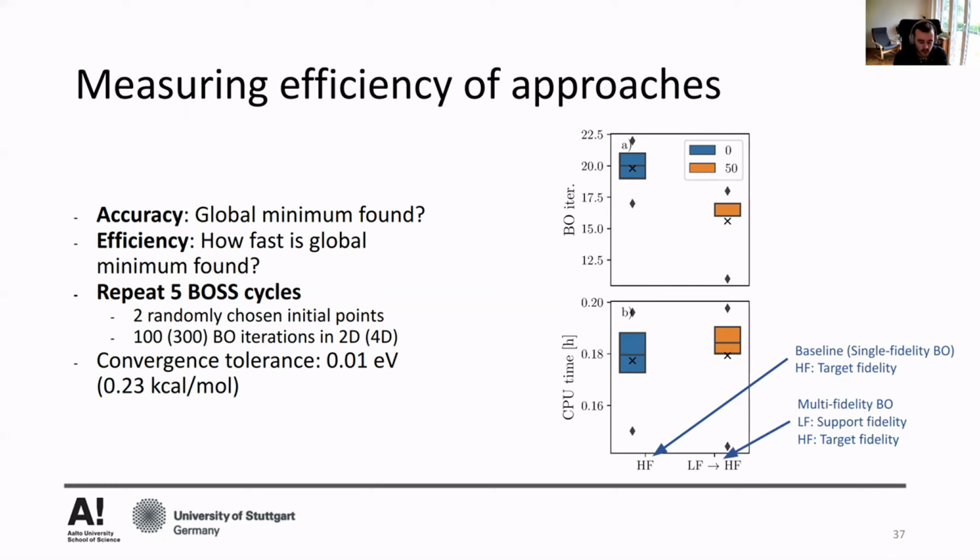And this notation with LF arrow to HF indicates that I'm using low fidelity as support fidelity for the initialization step of the ICM model, and then continue only sampling from the high fidelity, since this is the target fidelity level.